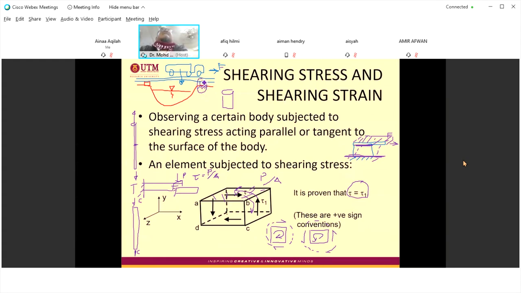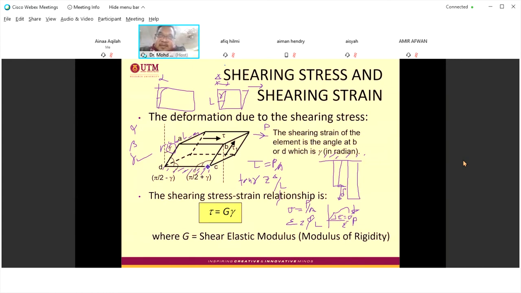So the shear stress is P divided by A. The strain here is delta, but the strain here is gamma.